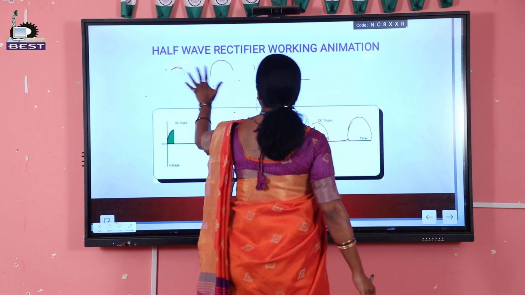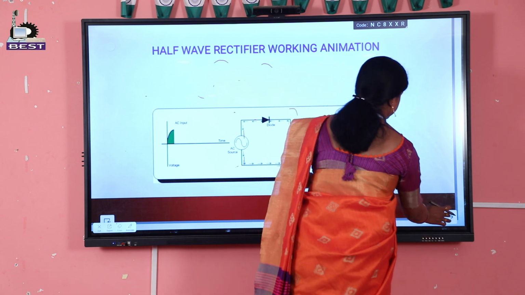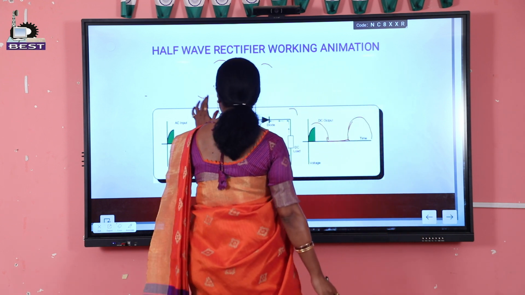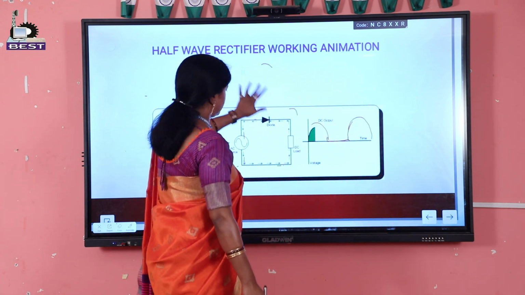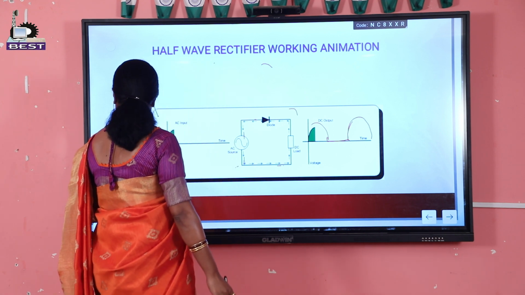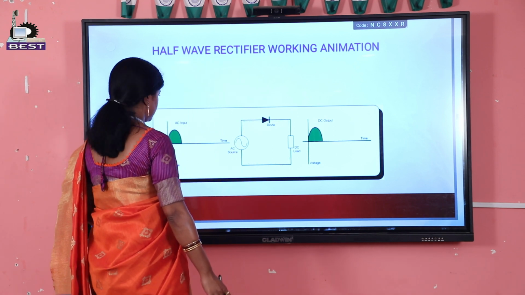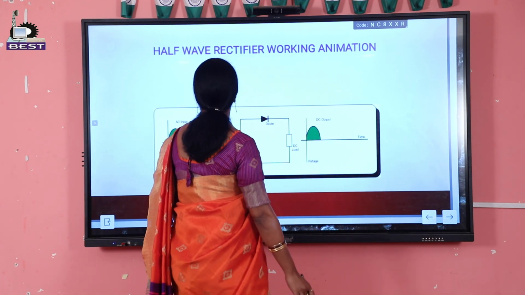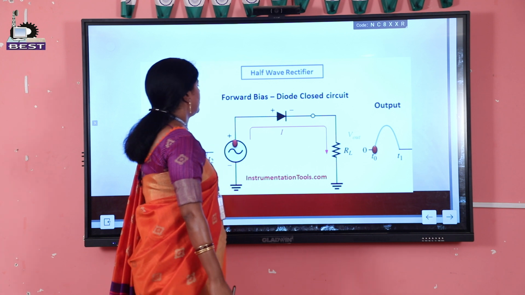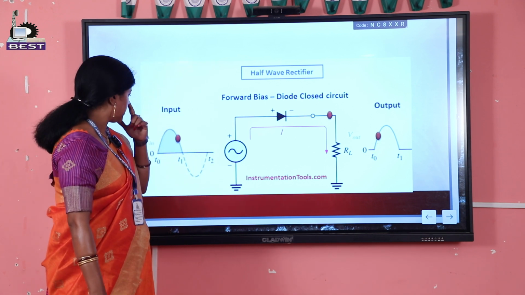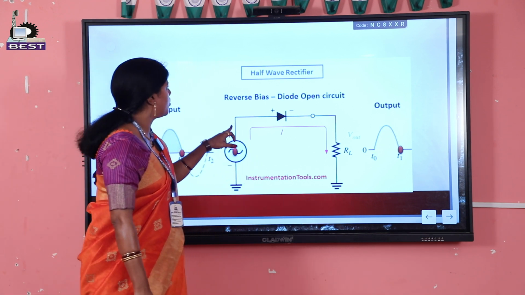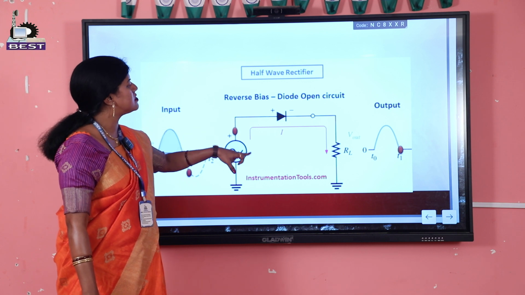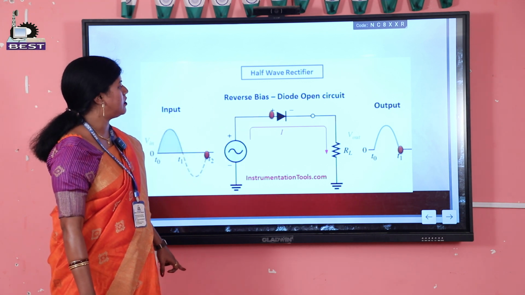Now we discuss the full wave rectifier. This is how the current flows in this circuit. This is the circuit diagram of a half wave rectifier.